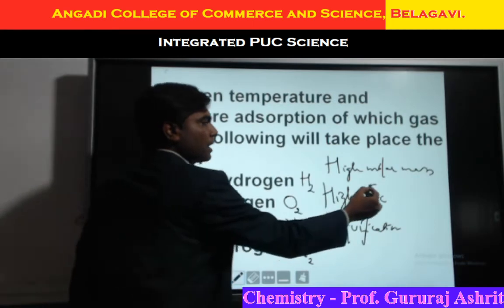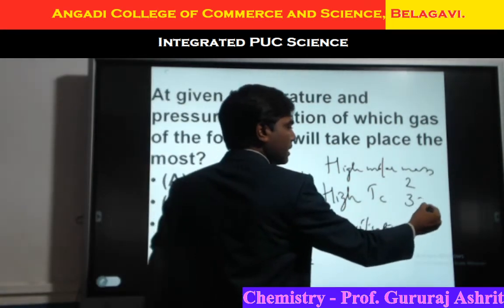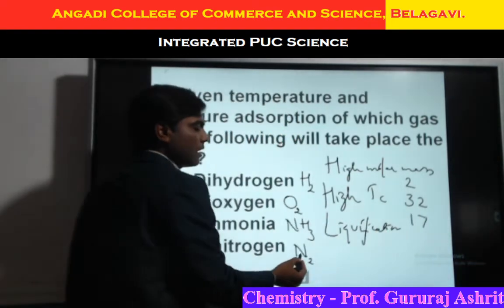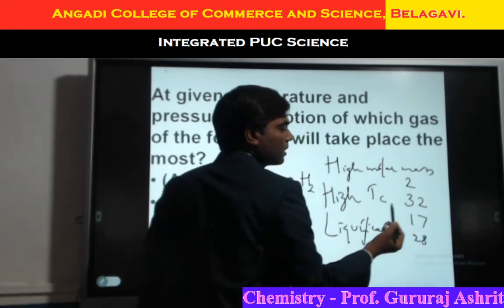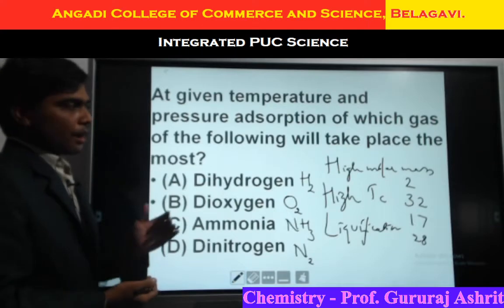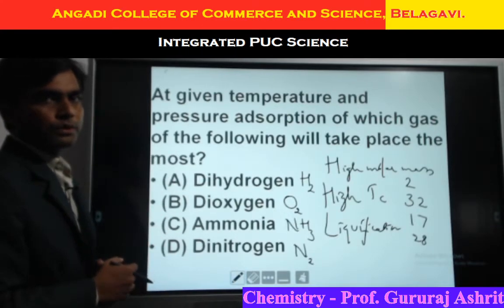H2 molar mass is 2, O2 molar mass is 32, ammonia molar mass is 17, and dinitrogen is 28. So if you remember, the gas with the higher molecular mass will undergo adsorption fast.